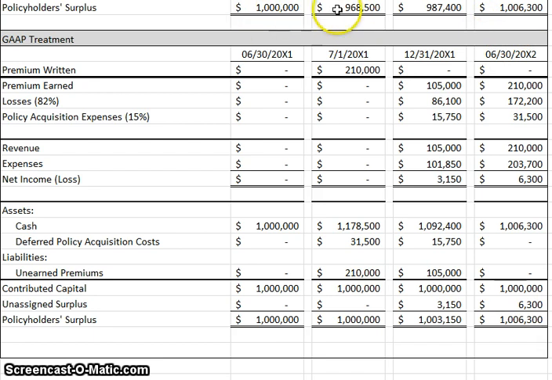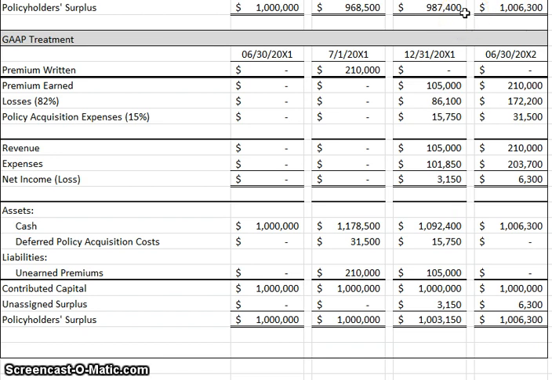But imagine if you were looking at the value of this company at this point in time. Under SAP, it would be $987,400. Under GAAP, it would be $1,003,150. So hopefully this example helps you see how SAP values the surplus, which is the company's cushion against unexpected financial impacts, more conservatively than GAAP.